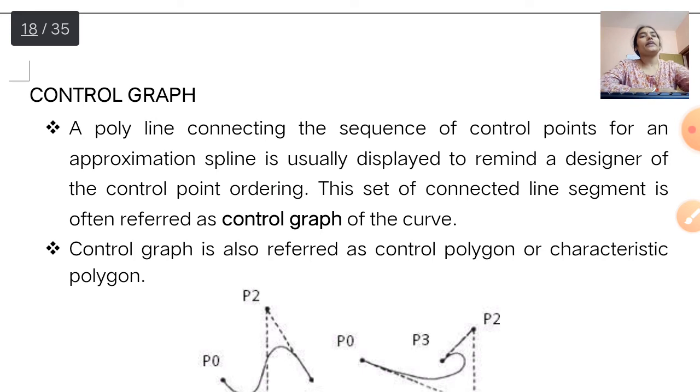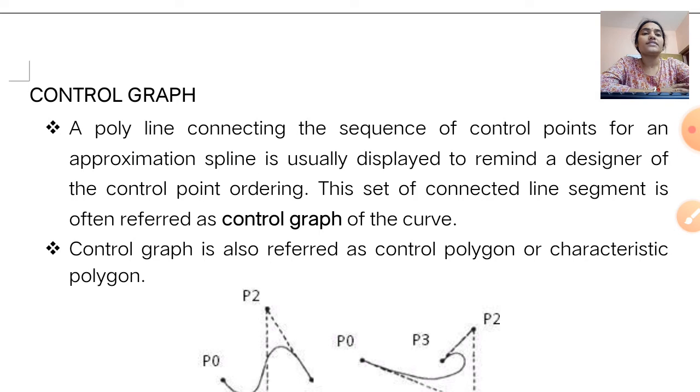A polyline connecting the sequence of control points for an approximation spline is usually displayed to remind a designer of the control point ordering. That means the order in which the control points are placed, the curve line is also placed in that order.